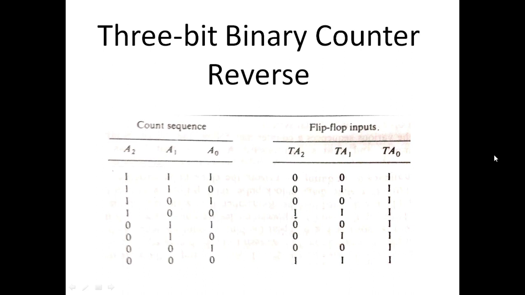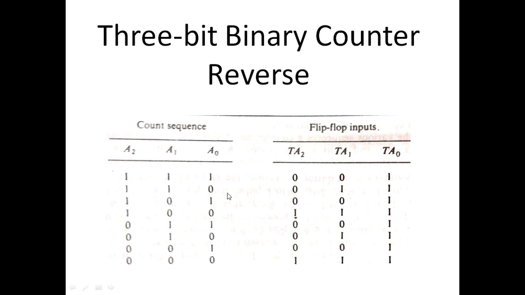This is the excitation table for the 3-bit binary counter that counts in the reverse direction. So again, the count sequence is represented with the Boolean variables A0, A1, and A2. And this is the sequence 1, 1, 1, which is digit 7, then 6, 5, 4 until 0, and then it should repeat.